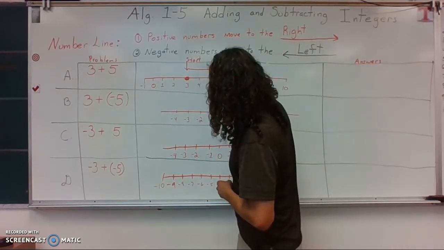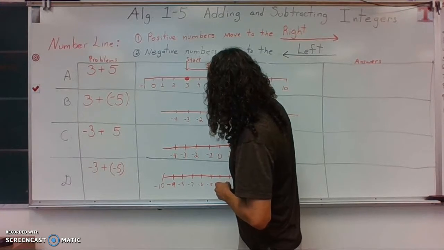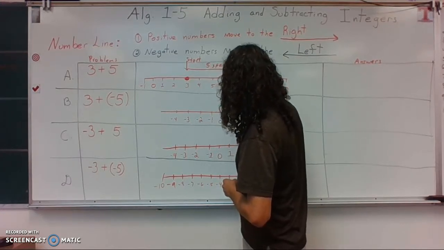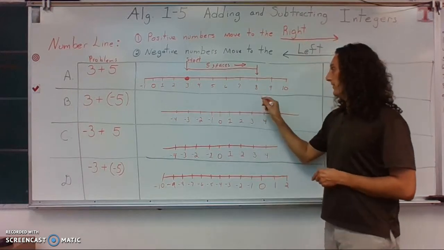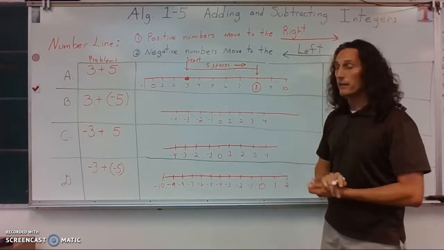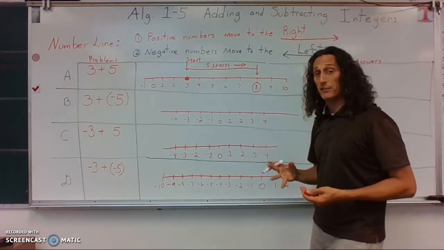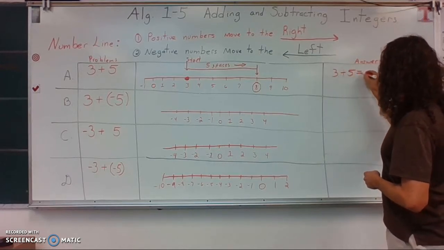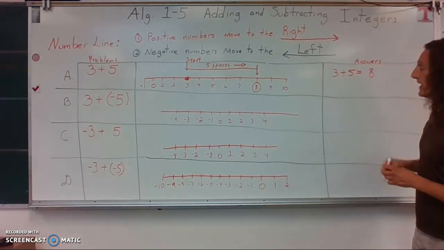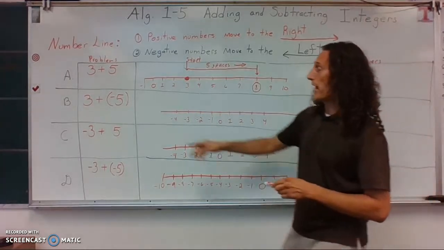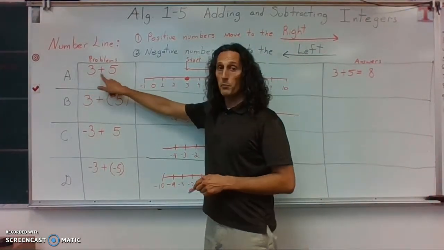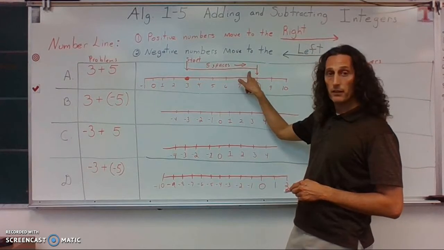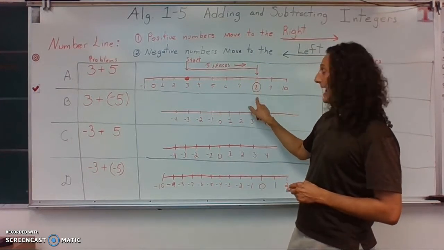And this was 5 spaces to the right. And that's why we end up at 8 as our answer. So that's why 3 plus positive 5 equals a positive 8. Because we start at the 3, we move 5 spaces to the right, and then you end up at 8 as your answer.